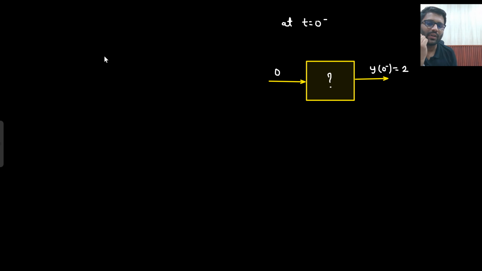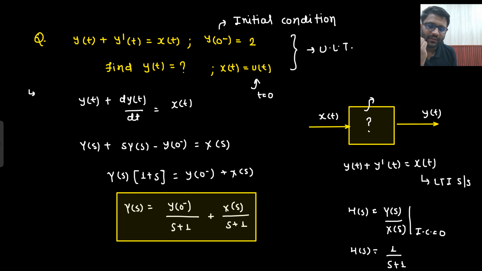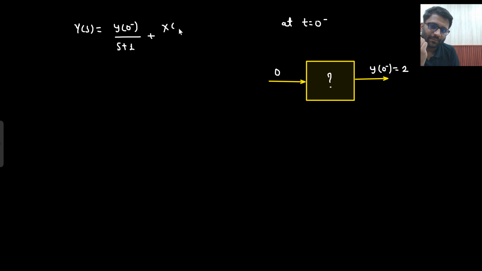Now what is the output you are having? Y of s is y of 0 minus upon s plus 1, plus X of s upon s plus 1.